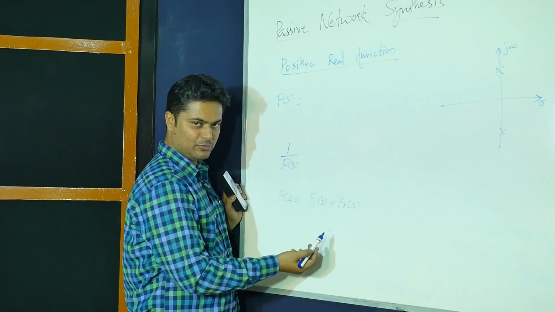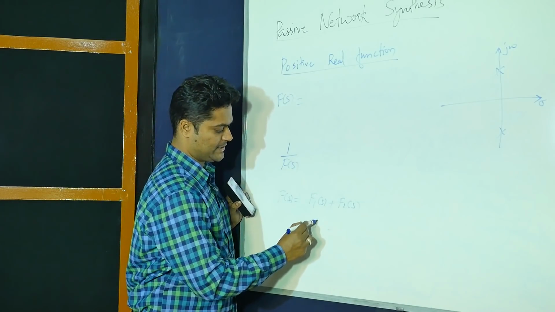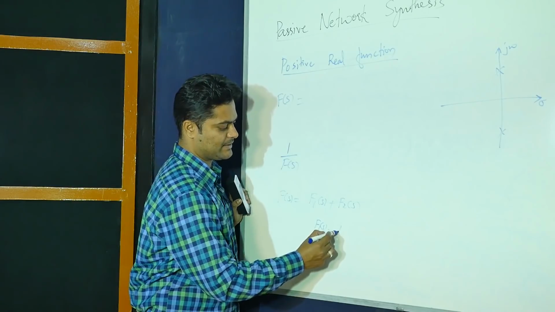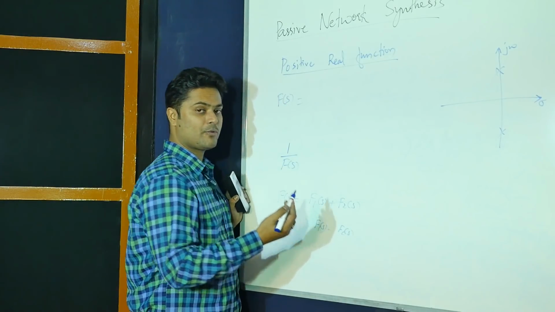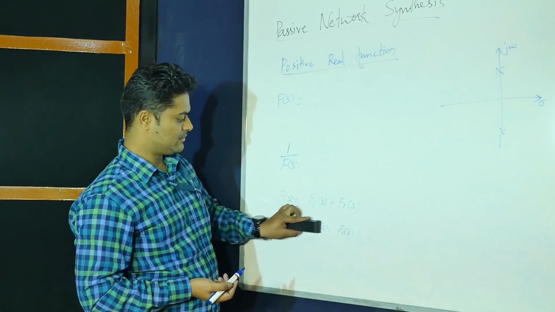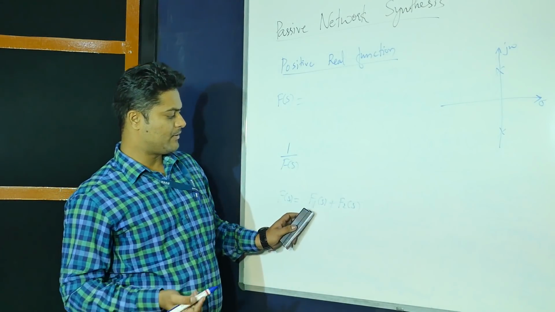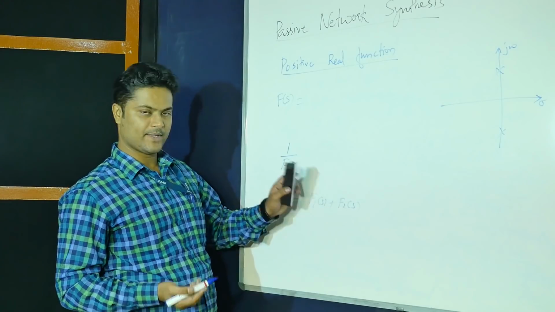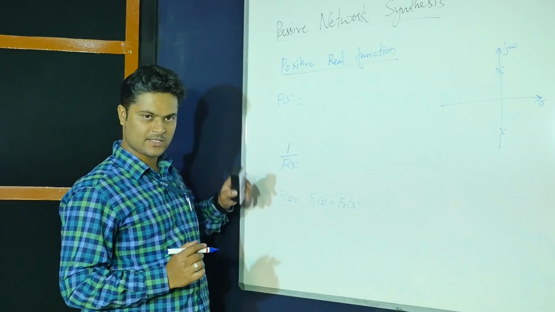But when it comes to the negative term, it may not be true. That is, f1 of s minus f2 of s may or may not be a positive real function. We have to find out. But if f1 of s and f2 of s are positive real functions, definitely f of s is also a positive real function.